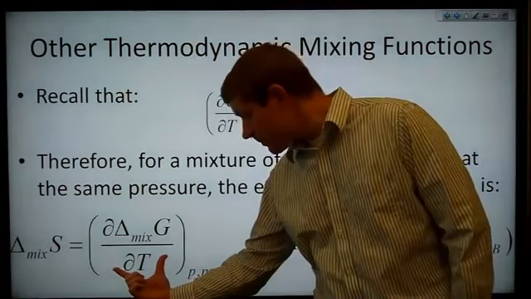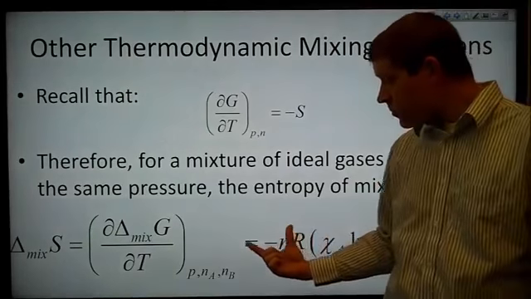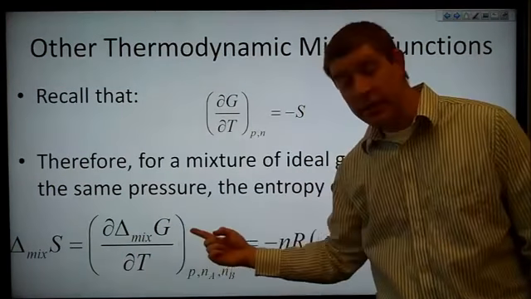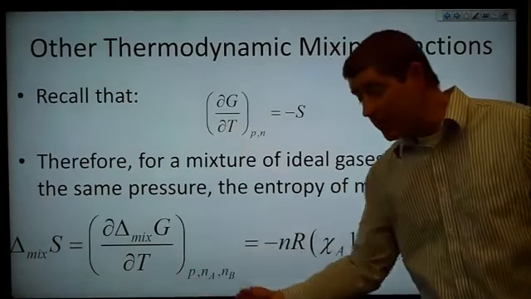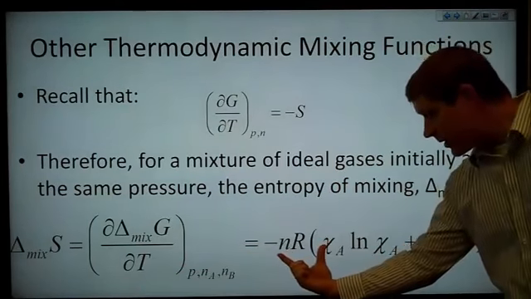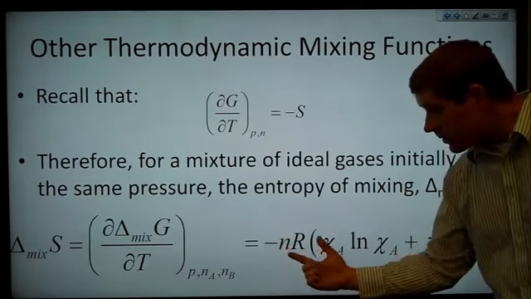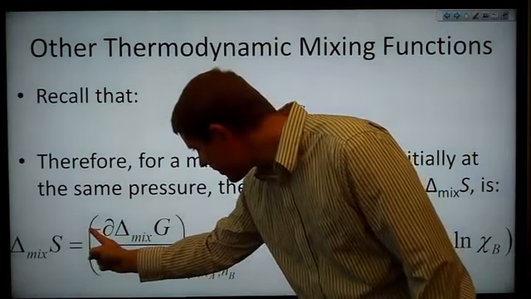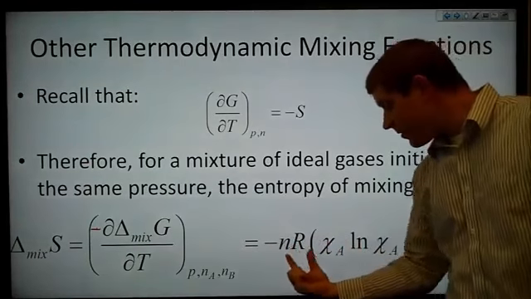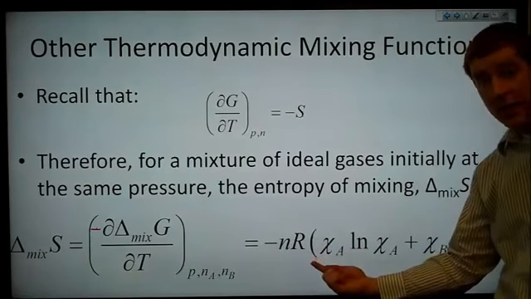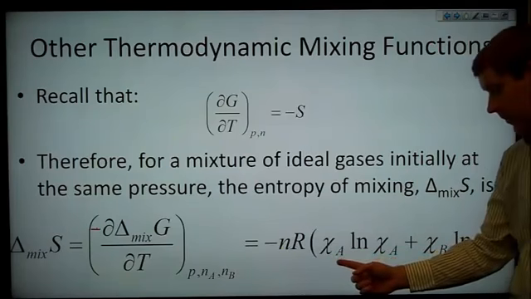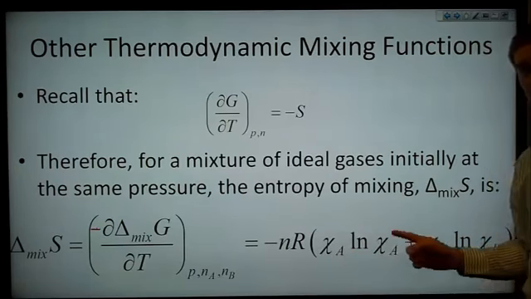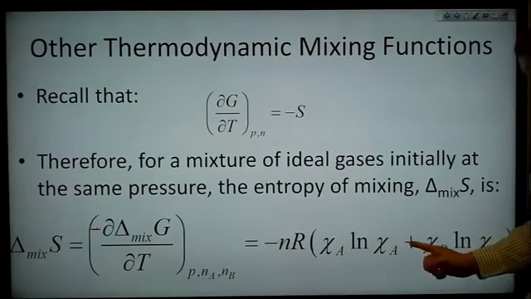And so now we know what delta G of mixing is, and we can go ahead and plug that value in. Basically we're dividing by the temperature. So we've plugged in our, there should be a negative here. And so now we have negative NR, we've lost the T because we've divided by temperature. And then we still have our mole fraction of A times natural log of mole fraction of A, plus the mole fraction of B times the natural log of the mole fraction of B.